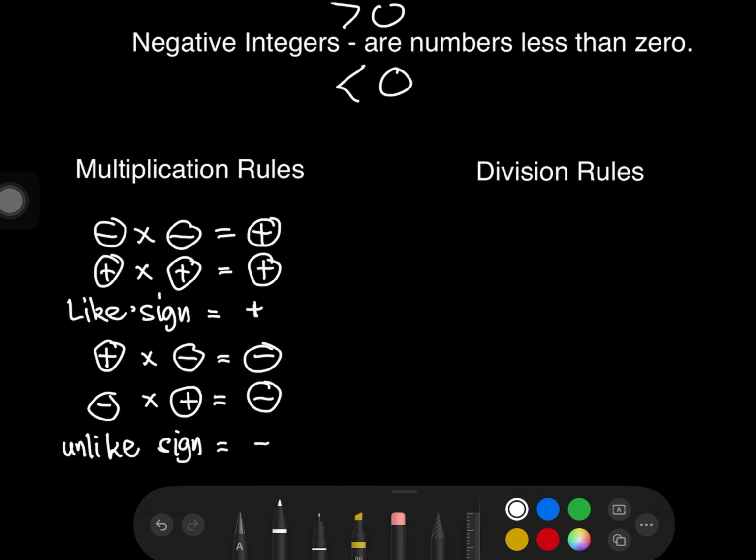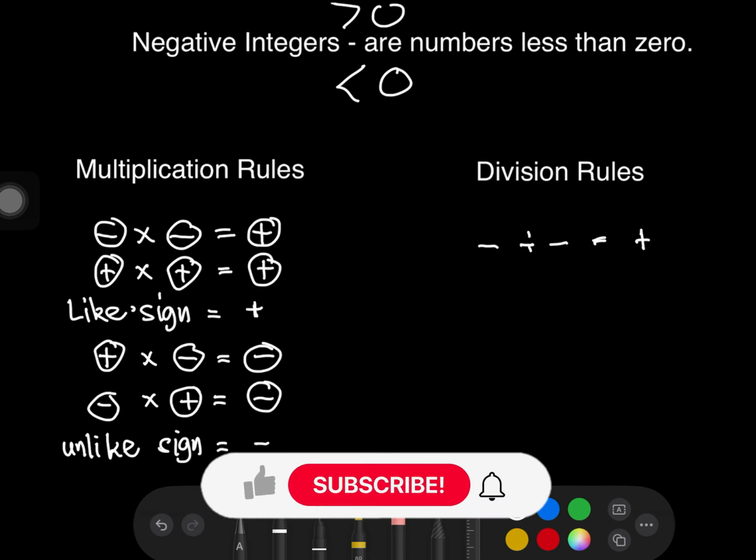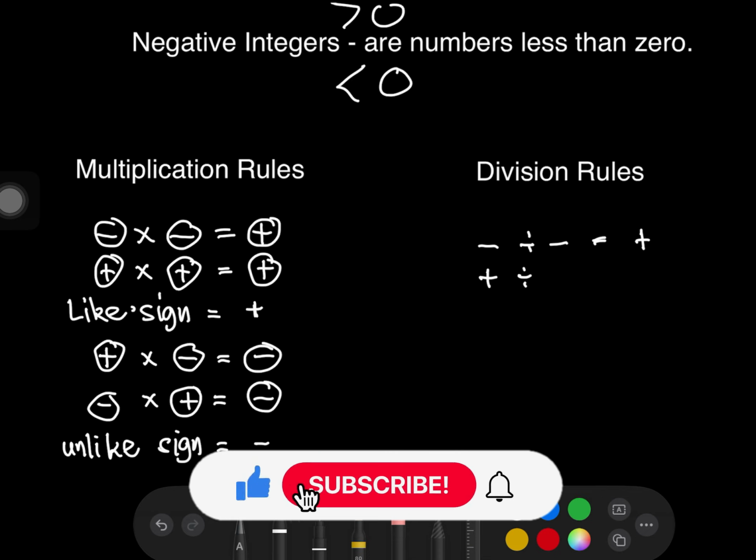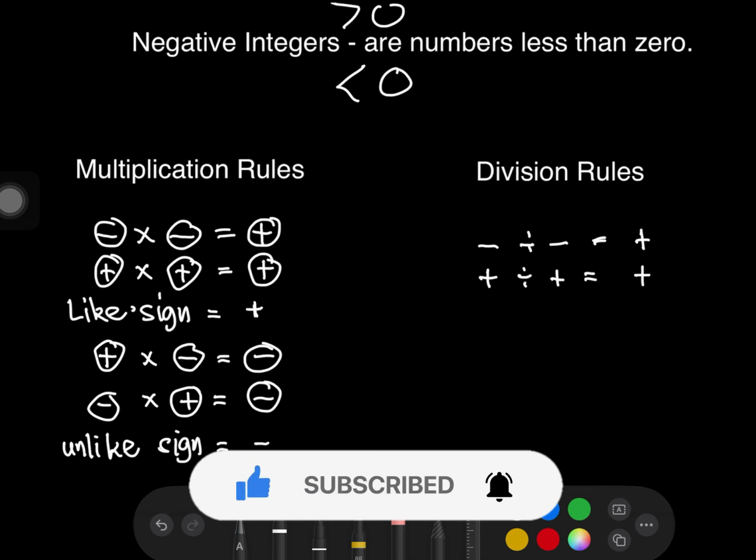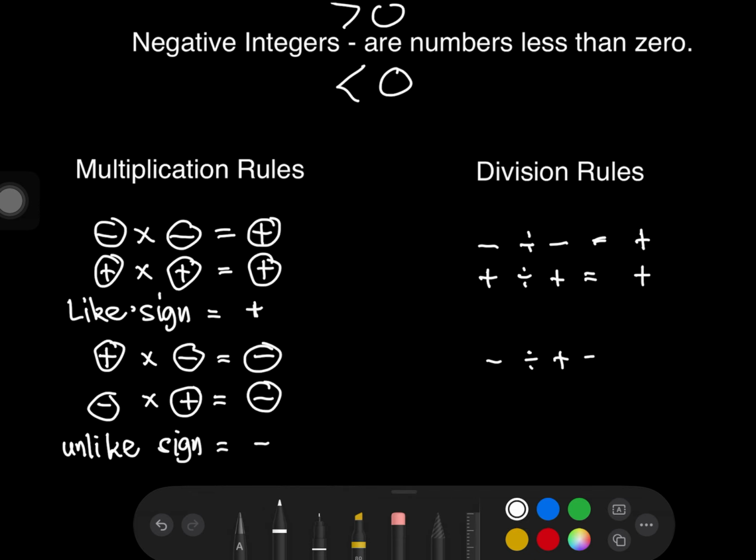Actually, the division rules are exactly the same. Negative divided by negative is positive. Positive divided by positive is equal to positive. Negative divided by positive is equal to negative, and positive divided by negative is again negative.